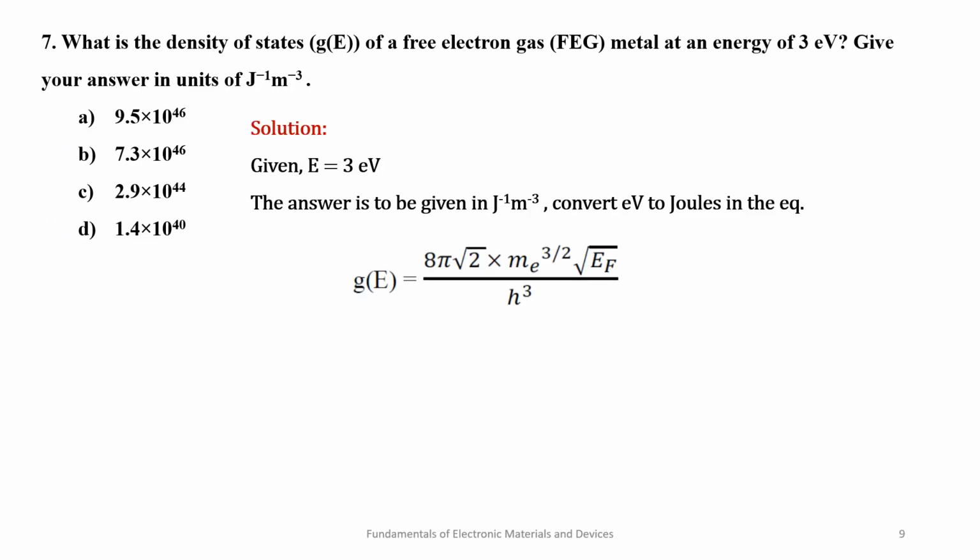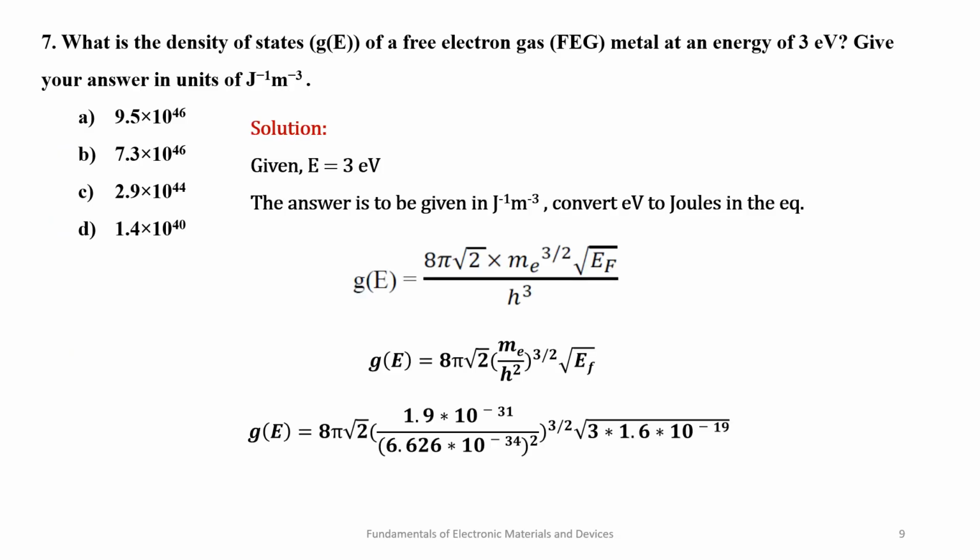Also, mass of the electron is 9.1 into 10 to the power of minus 31. It is given as 1.9, yes, that also should be corrected. So is it clear? And I think you have similar questions in your assignment as well.